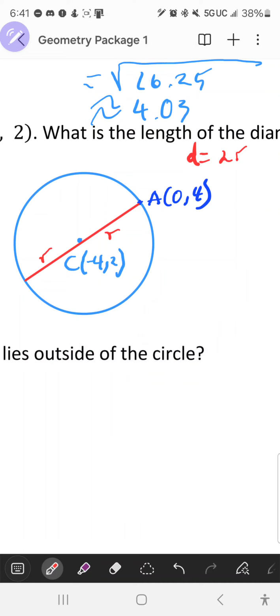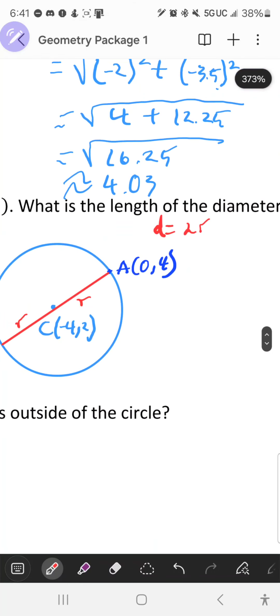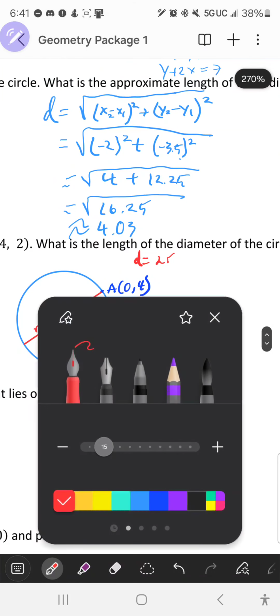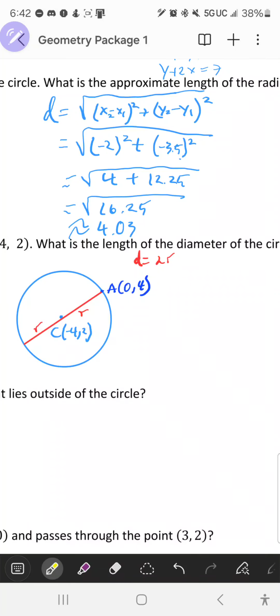Alright. Now we can do the same as before. We use the distance formula. I'm not going to copy it again.